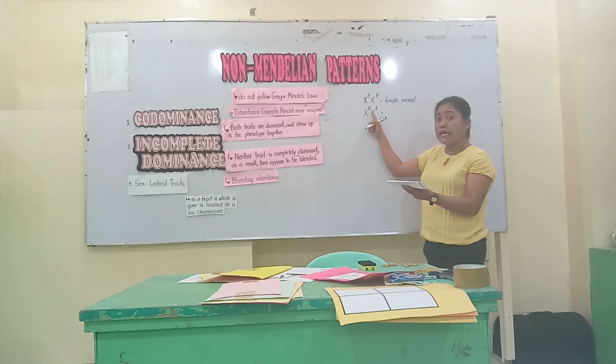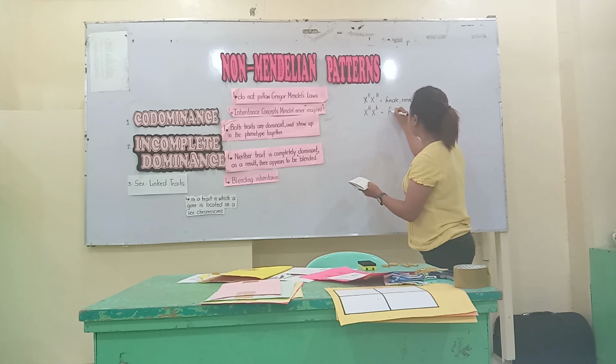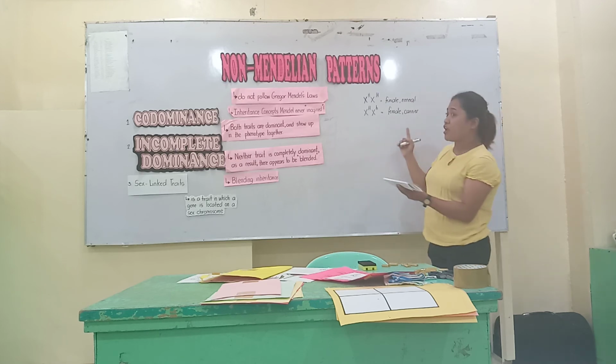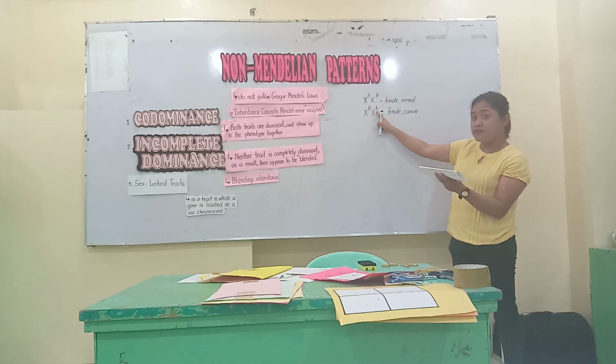Hetero kay dili pareho ka dakon. Diba? Kani homozygous kay pareho ka dakon, dili pareho ka dakon, heterozygous. So this one is a female carrier na siya. Nganong female carrier na siya? Kay nag-carry na siya og hemophilia sa iyahang gene.